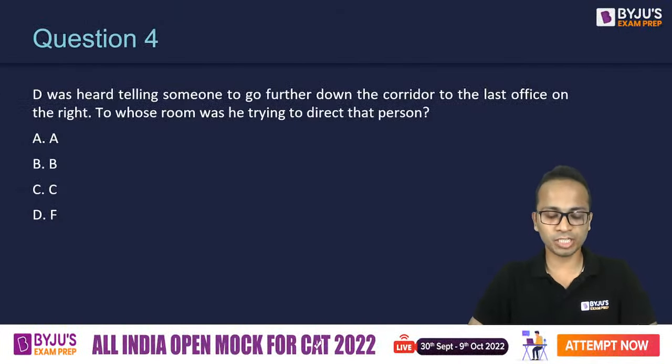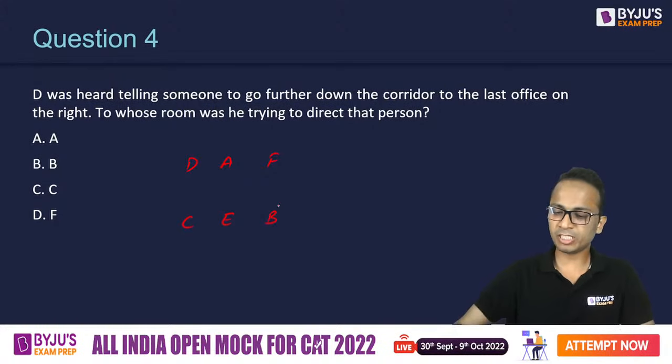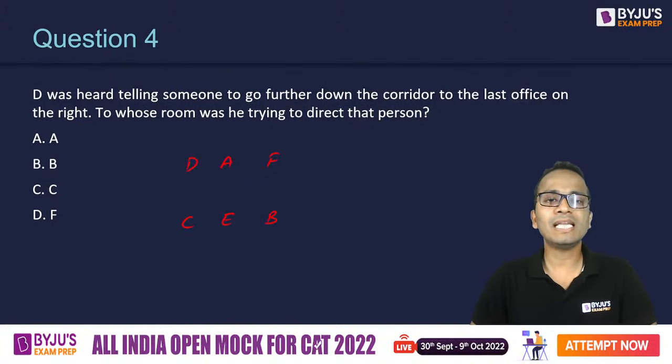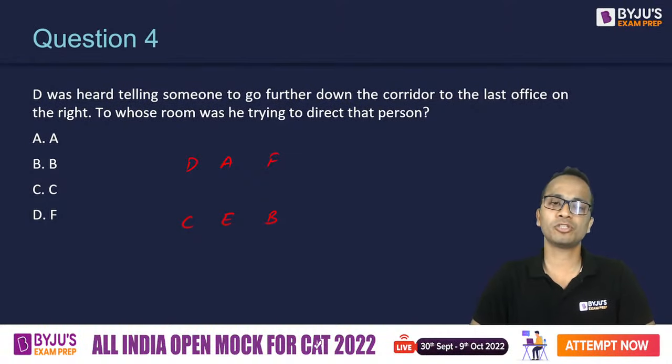Now read the statement carefully and then mark your answer. Okay, so the statement says that D was heard telling someone to go further down the corridor to the last office on the right hand side. To whose room was he trying to direct that person?